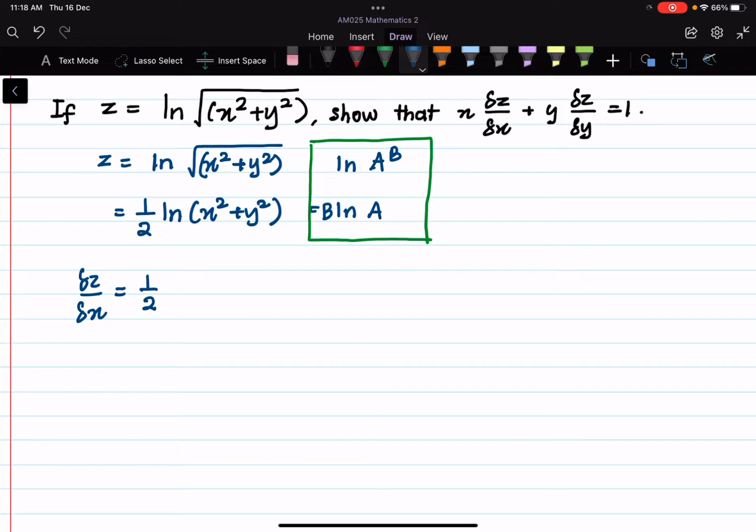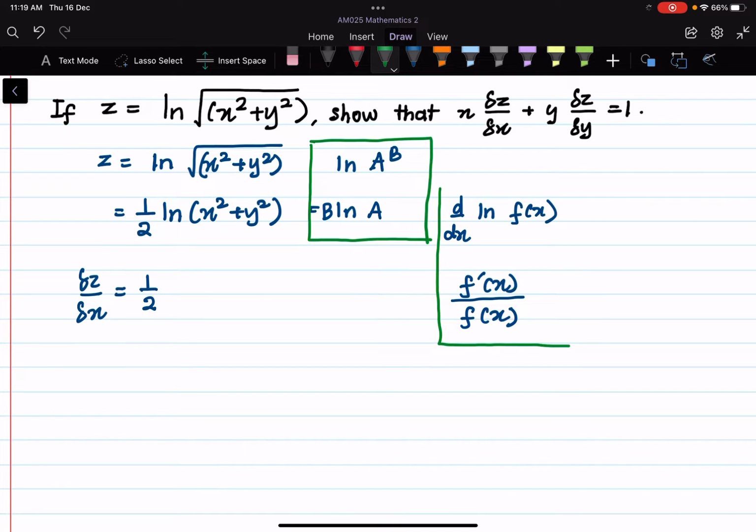We know that to differentiate ln f(x), we need to differentiate f, divide with, copy down the function f(x). So we're going to use this rule to differentiate ln.